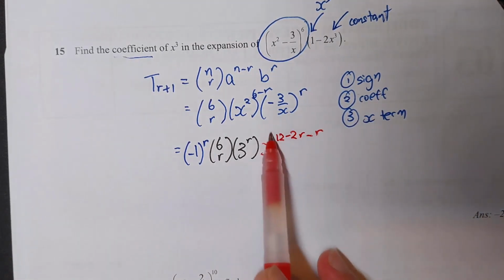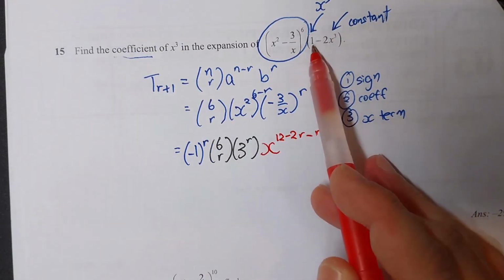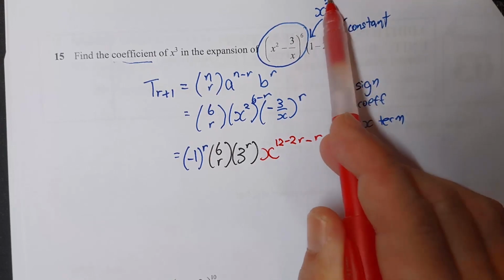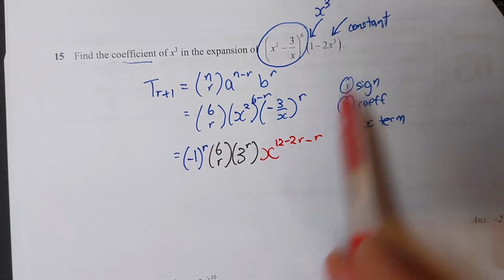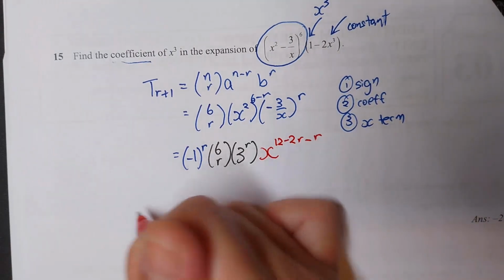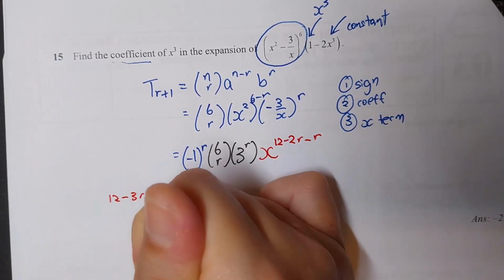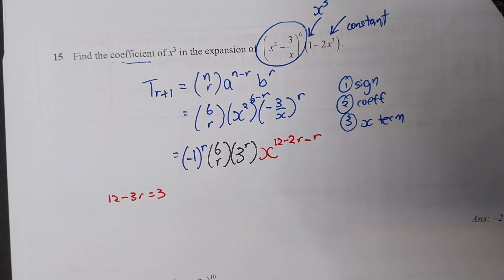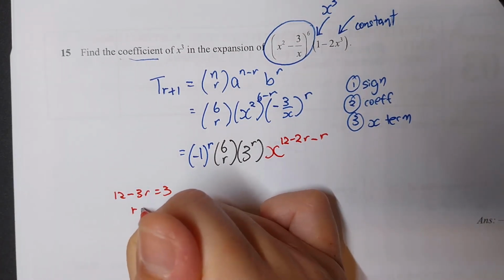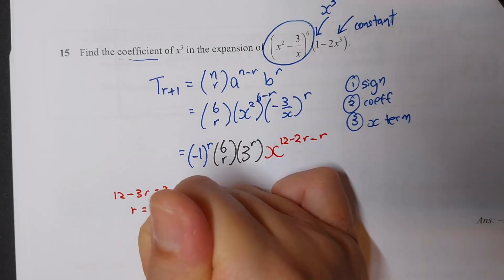Again, I want an x cubed, so I want to multiply this by x cubed. So now I want a power 3. When do I have a power 3? When 12 minus 3r equals 3. If we solve this simple linear algebra, we will have r equals 3.